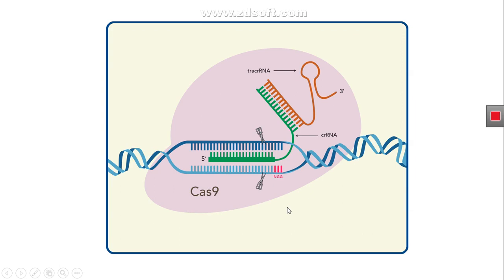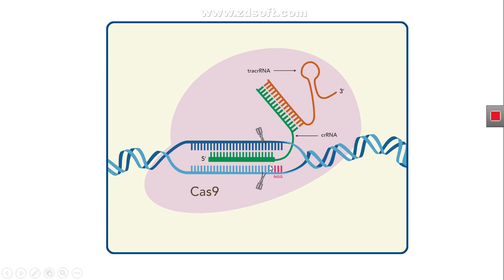So they were able to make a single protein, Cas9, that has both activities, DNA unwinding activity and DNA cutting activity.